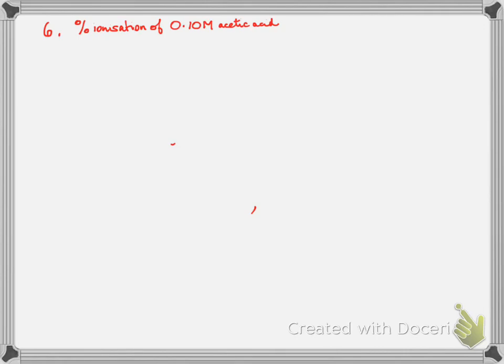Now, the percent ionization is just the amount of the acid that ionized compared to how much there was originally. So, to get percent ionization, we need the value of X. Well, that came from question 2, if you remember, because it was all about 0.1 molar acetic acid. So the ionization is going to be X, the amount that ionizes, divided by the original concentration, which is 0.10.